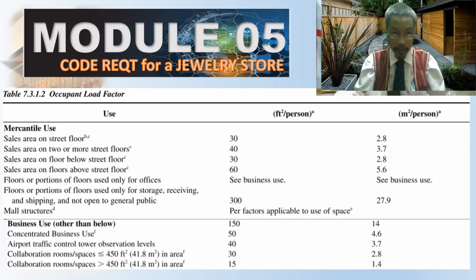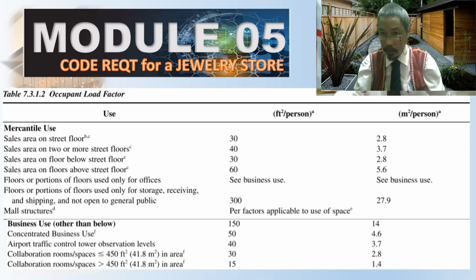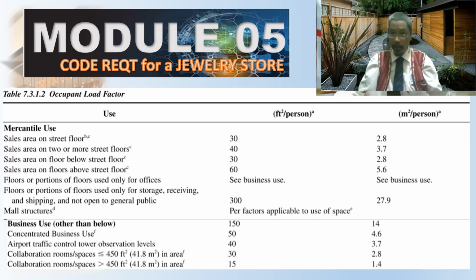For mercantile use, you can see sales area on street floor. There are two values there: one is for square feet and one is for square meter. Let us use the square meter because in our country we are using that as a unit.